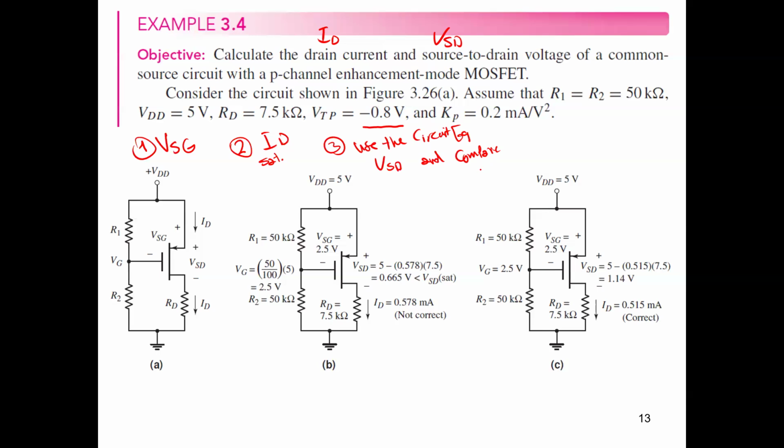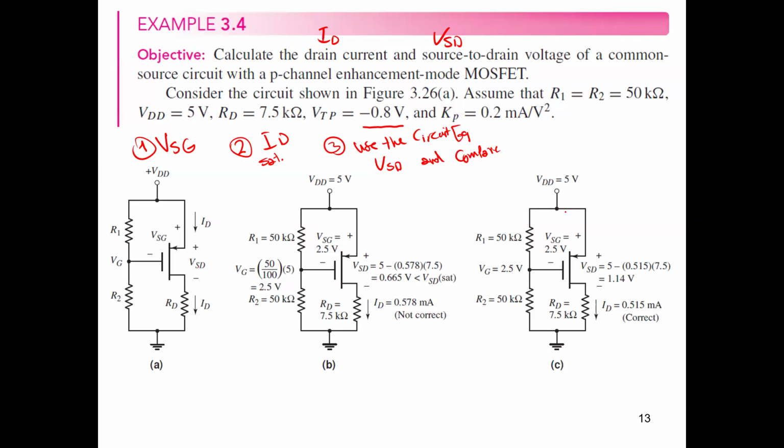So these are the 3 steps we need to do in order to get the correct values of ID and VSD with these parameters. With these parameters means if we change these parameters, guys, this is going to change the operating mode for sure. Okay, and later on we will discuss how to design a circuit to fulfill a certain operating mode, to select a certain operating mode.